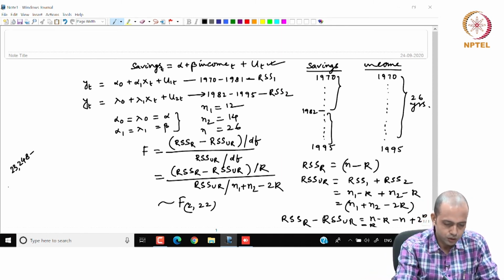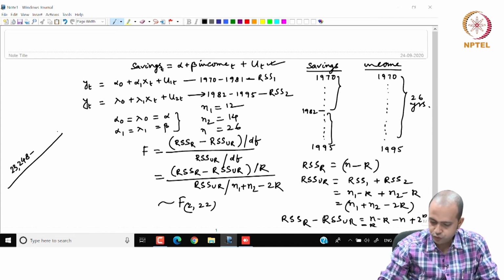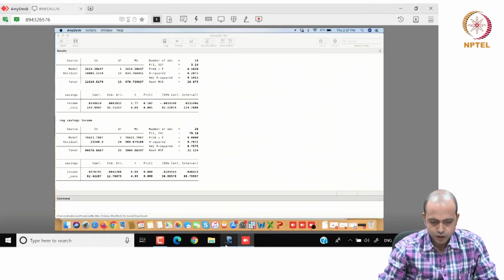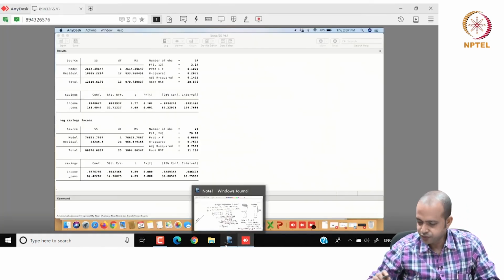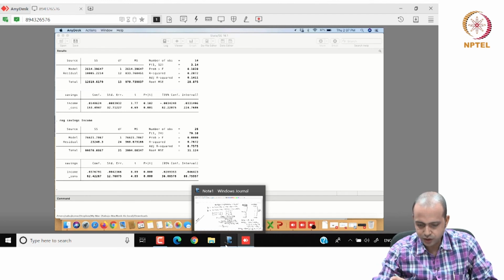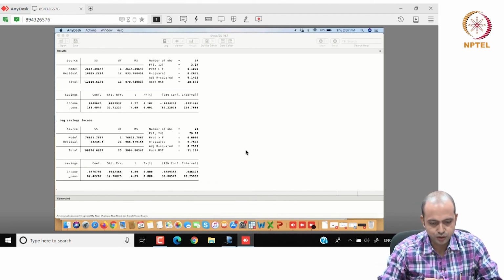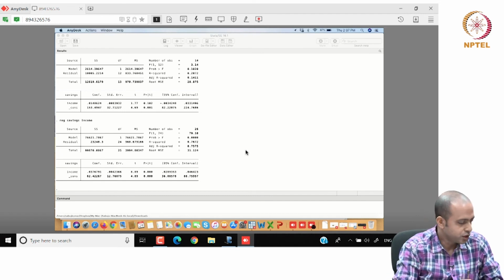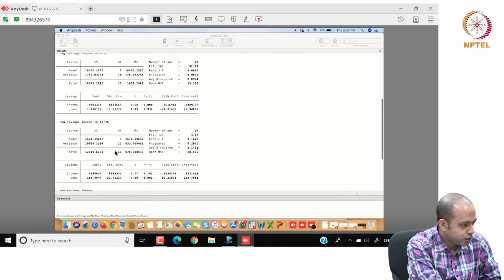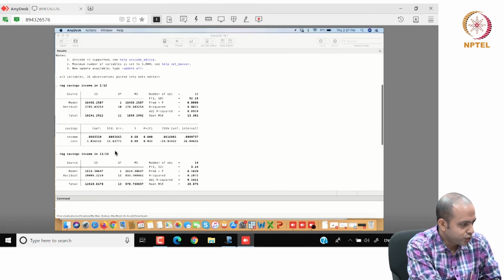If you go to your model and look here, RSS1 is 1785 and here it is 10,005.